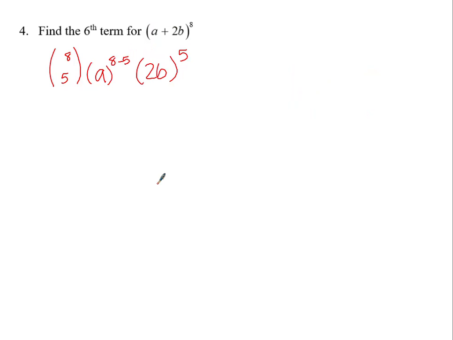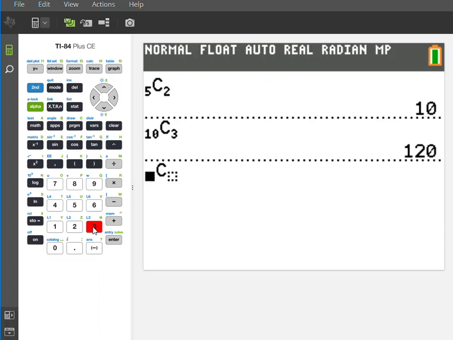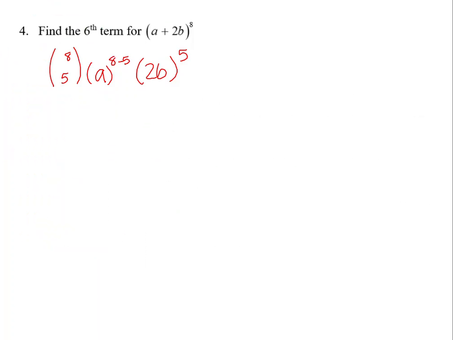So if we go to the calculator, 8 choose 5 is 56. a cubed times 2 to the 5th power is 32, b to the 5th.